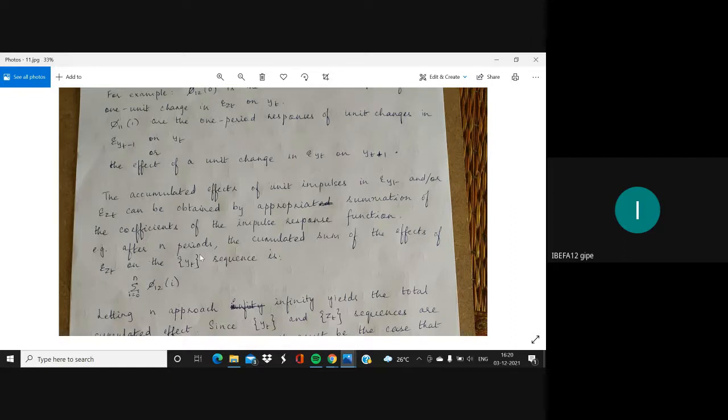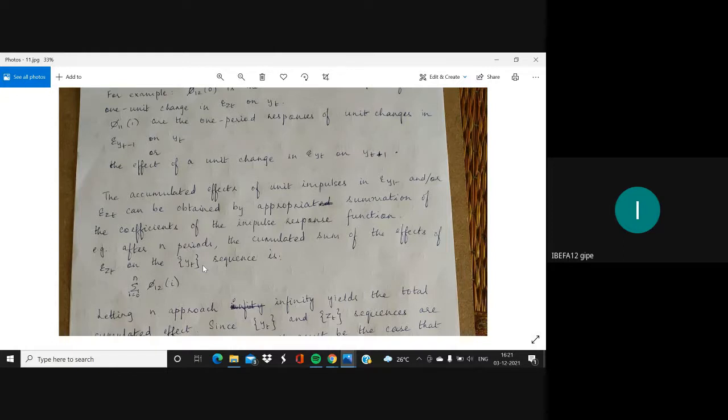After n periods, you'll find the cumulated sum of the effects of epsilon zt on the yt sequence is the sum of all these terms, summation phi 1 to i. If you're looking at n time periods, what is the impact of a single shock on epsilon zt, which means a 1 unit change in epsilon zt, on the entire yt sequence?